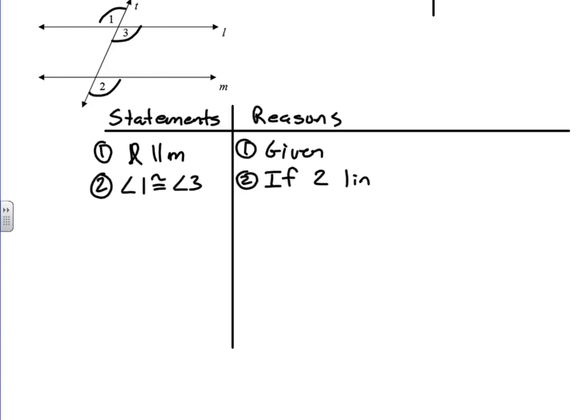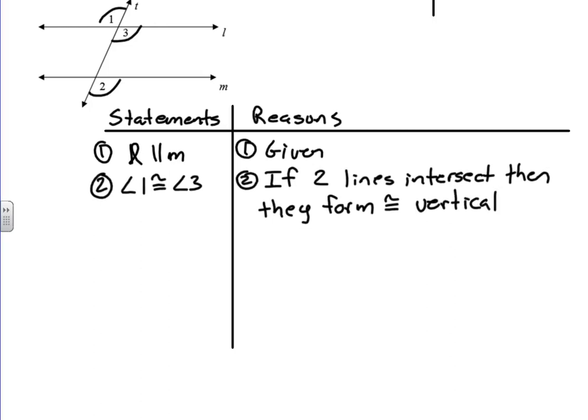If two lines intersect, then they form congruent vertical angles.